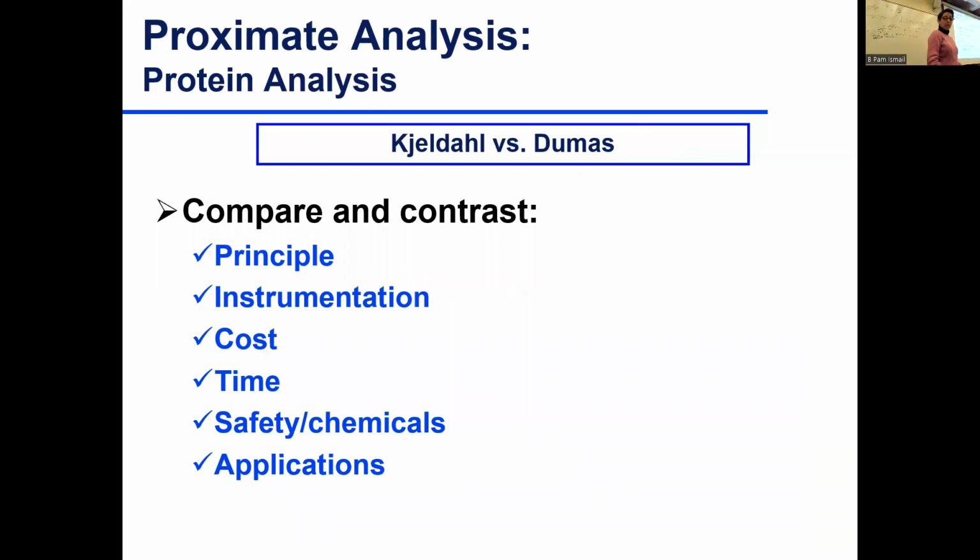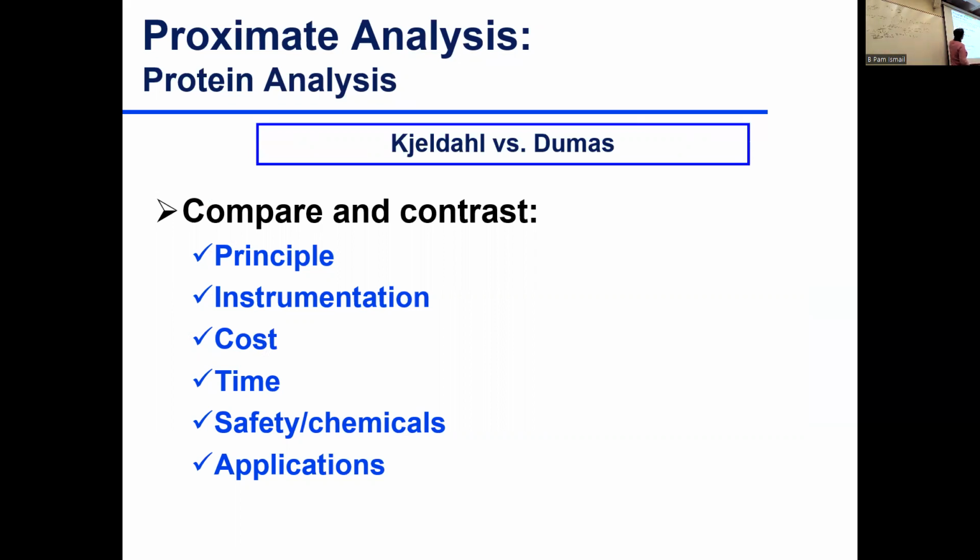Oftentimes you might be asked to compare Kjeldahl to DUMAS. You want to think about the principle. They're both based on nitrogen determination. However, one is nitrogen combustion and the other is chemical reaction. You need an expensive instrument that is very temperamental, requires high maintenance, and is very expensive.